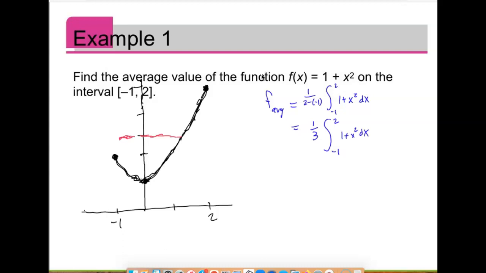So let's do the antiderivative now. The antiderivative of 1 is just going to be x, right? The antiderivative of x squared is going to be x cubed over 3. We want to evaluate that from -1 to 2.